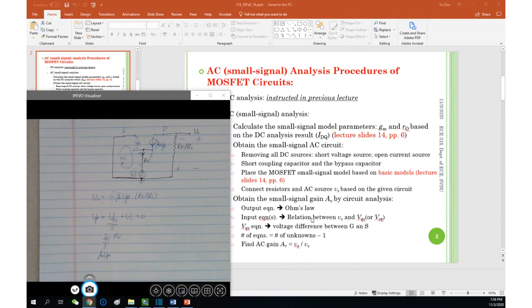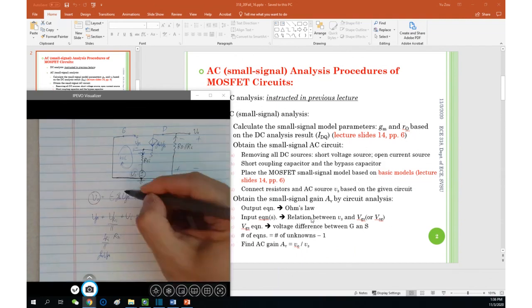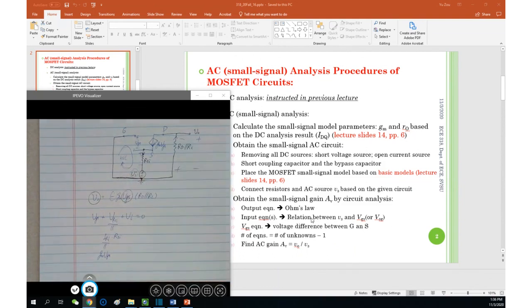And if this equation makes sense, we can count how many unknowns. 1, 2, 3 unknowns, 2 equations. What do we do? Is it good or not?